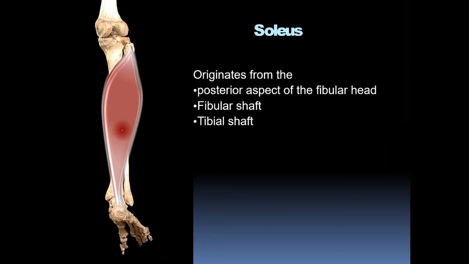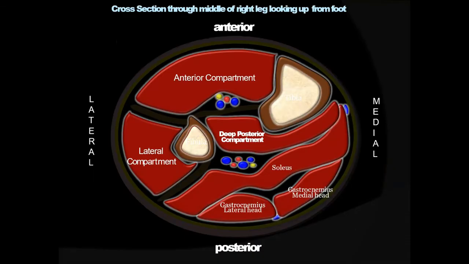Second muscle is soleus, originates from the posterior aspect of the fibular head, fibular shaft and tibial shaft. In this diagram we can also see presence of the soleus.